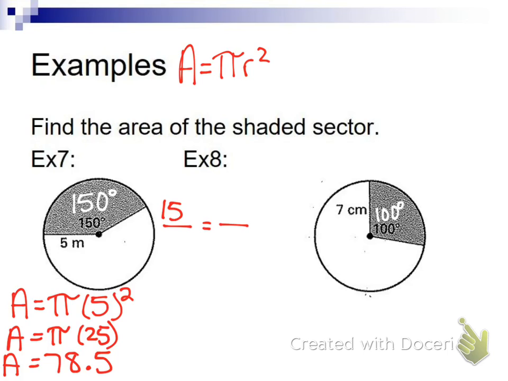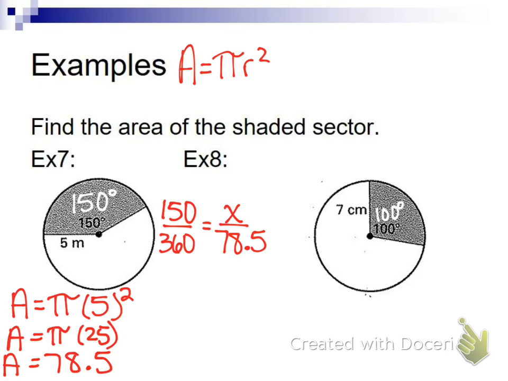That's the angle they marked in that shaded space. 150 degrees over what number? 360. That doesn't change because a circle has 360 degrees in it total. Is equal to what's going in the top of our other fraction? The top. An x. That's what we're looking for. The bottom is our whole area of the entire circle, which was that 78.5 that we found.